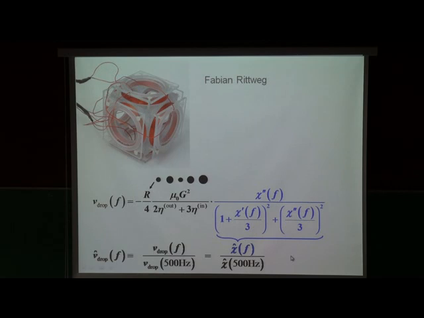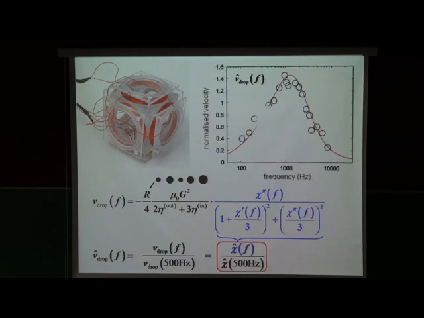And this ratio of complex susceptibilities is now plotted as a function of the driving frequency. And you see the red curve gives you the predictions by the model, and the circles are the outcome of our experiment. So once again, it seems not just by accident that we have an agreement of model and experiment.